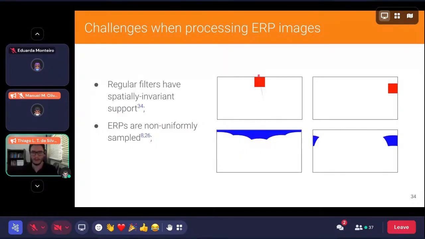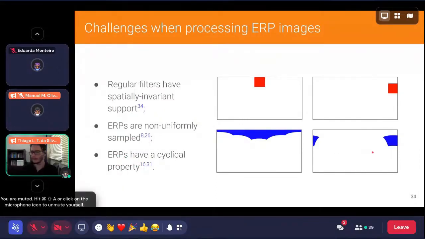So one of them is this kind of adjustment as we move to the poles, and the other property that rectangular images have is that they are circularly connected.